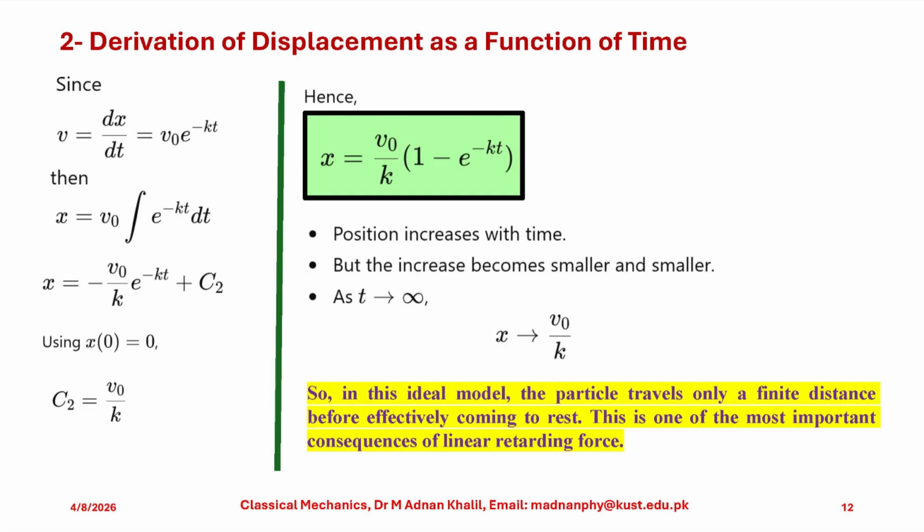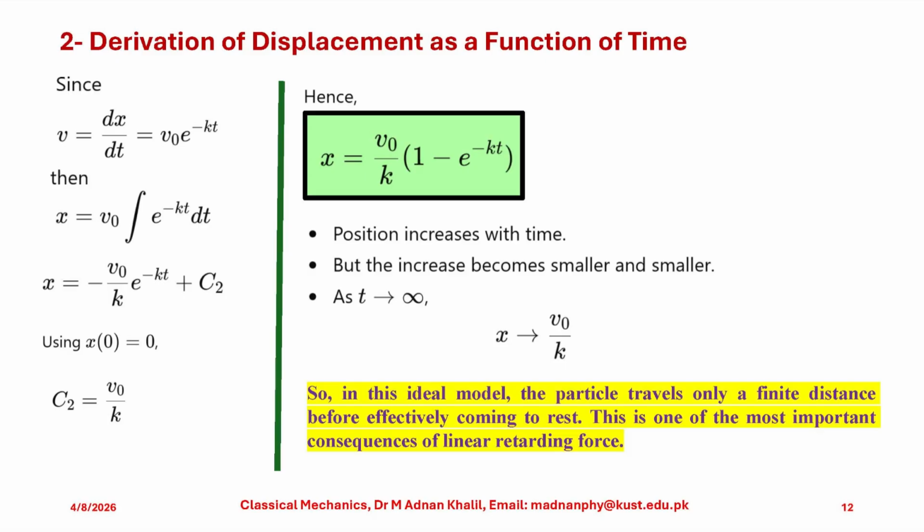Now look at the limiting behavior. As time becomes very large, the exponential term e to the power minus k times t tends to 0, and therefore x approaches a constant term v naught divided by k. That means the particle travels only a finite total distance in this ideal model.